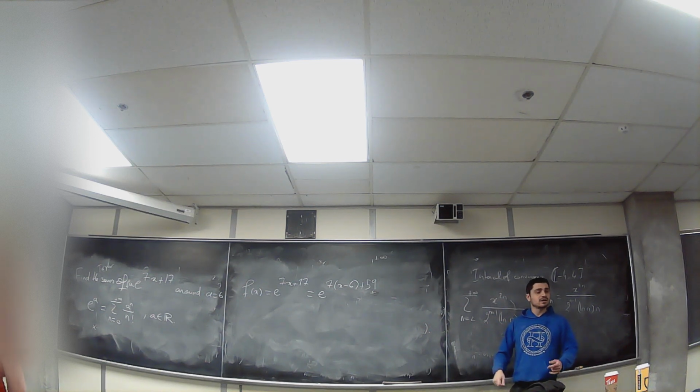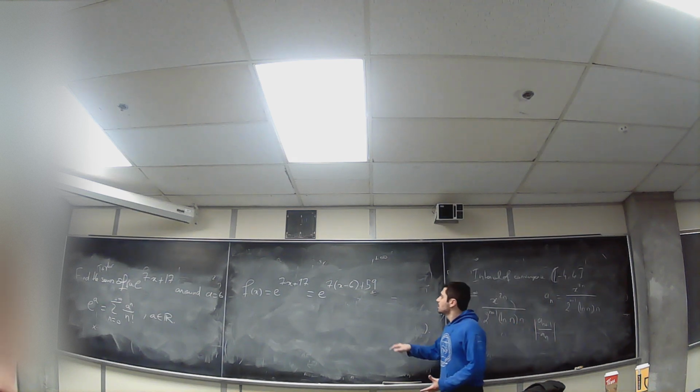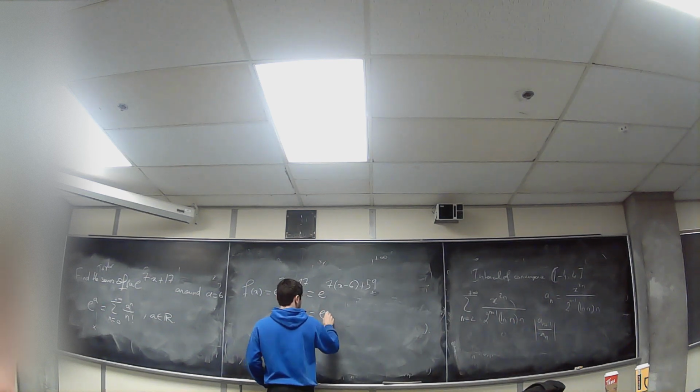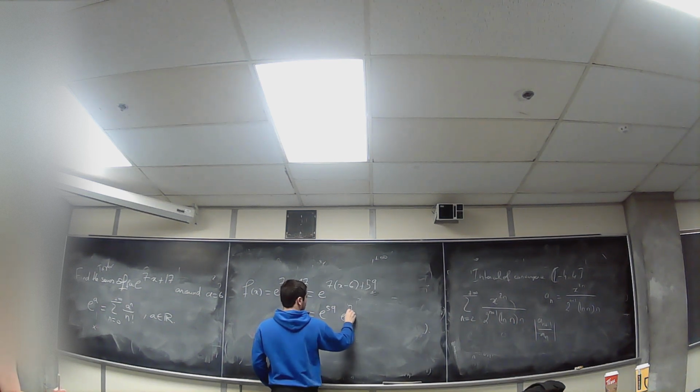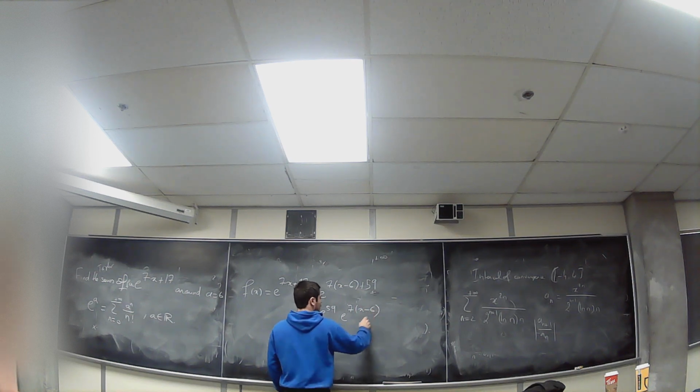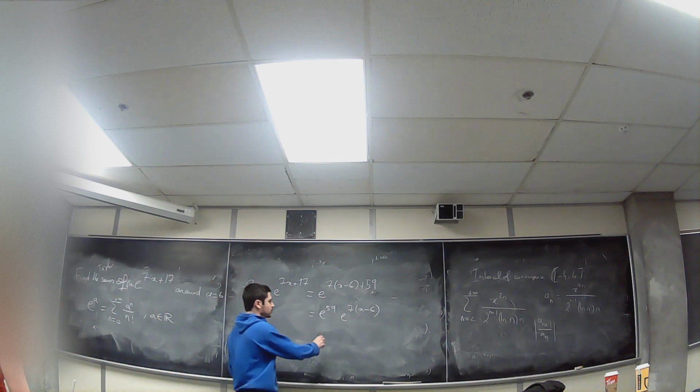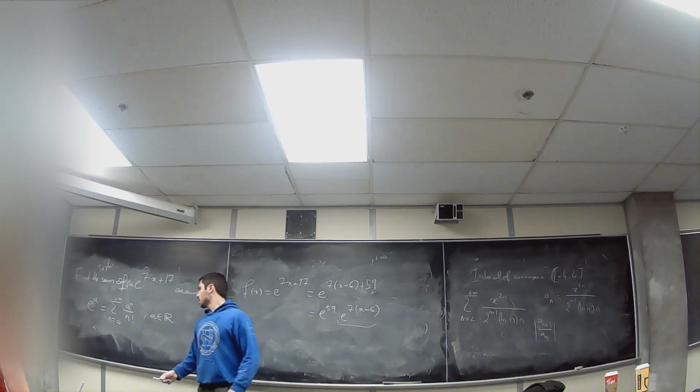Everybody? Now, what else can I do? How can I play with my e? This is just e to the 59. Agree? Yeah. Now this is a constant. Now here, what can I use? If I use this formula here, then I'm good, am I not?